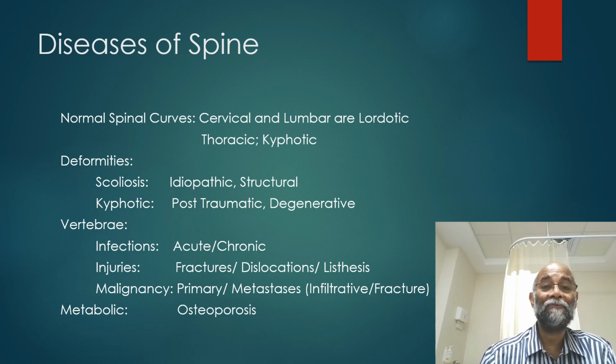Malignancies can affect the vertebrae. There are primary malignancies of the bones, and metastases, which are much more common. The metastases to the vertebrae might be infiltrative, or they might produce pathological fractures. Metabolic diseases affect the vertebrae, and osteoporosis is the most common.